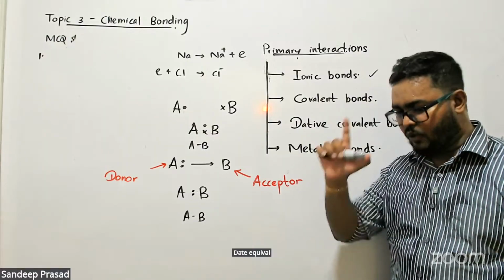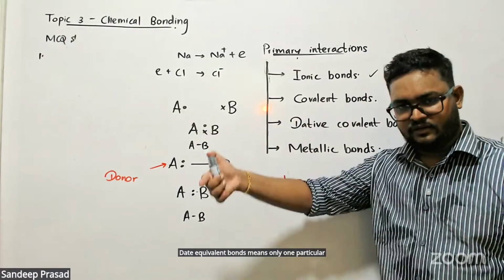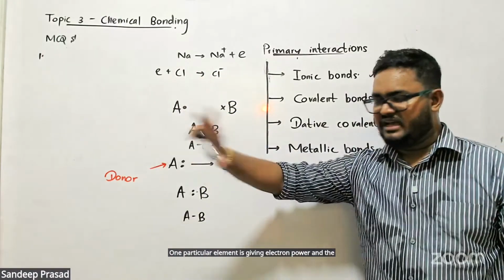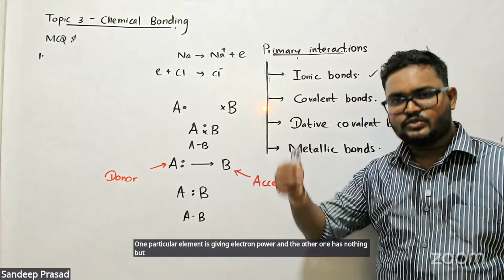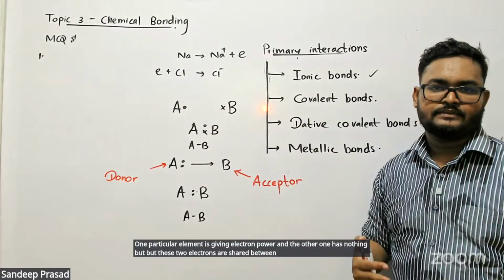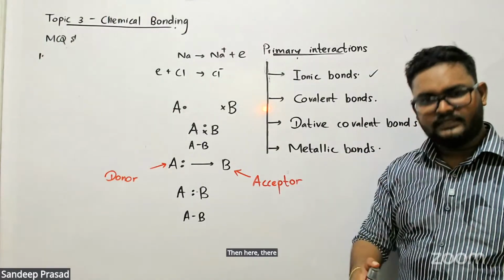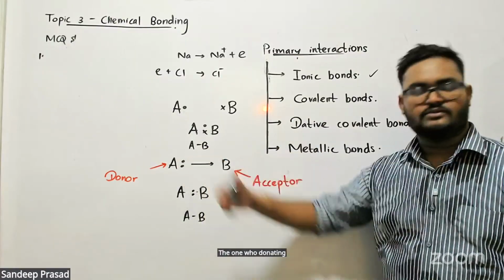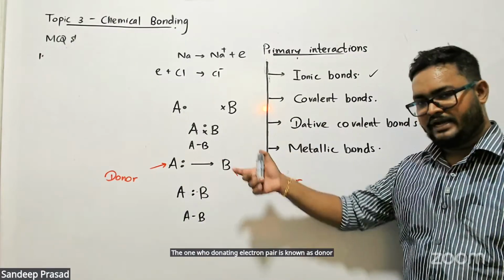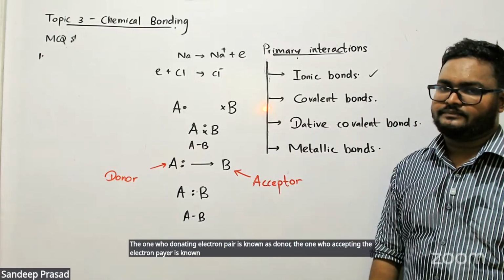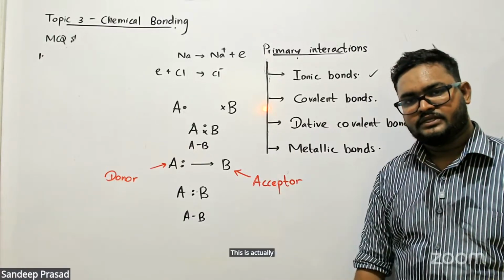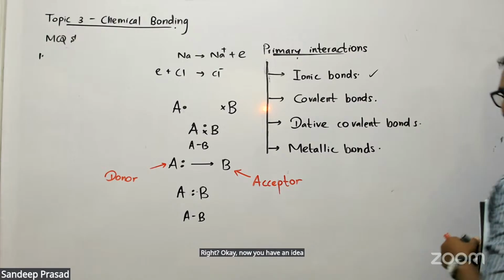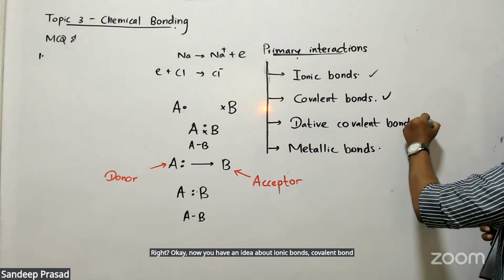Dative covalent bonds means only one particular element is giving the lone pair, the electron pair, and the other one has nothing, but these two electrons are shared between both the elements. Here there will be a donor and an acceptor. The one donating the electron pair is known as the donor. The one accepting the electron pair is known as the acceptor. This is known as dative covalent bonds. Okay, now you have an idea about ionic bonds, covalent bonds, and dative covalent bonds.